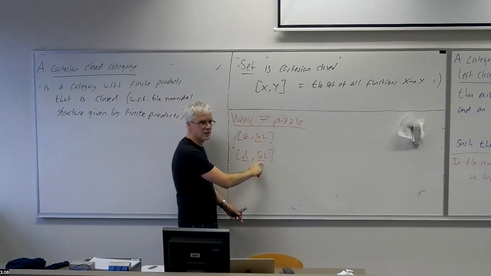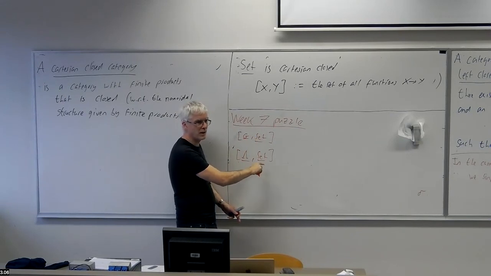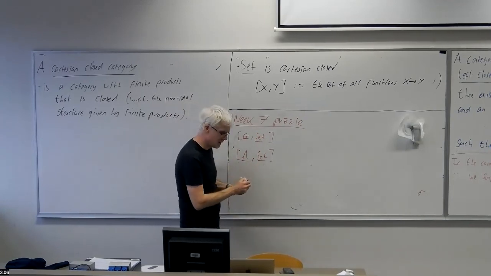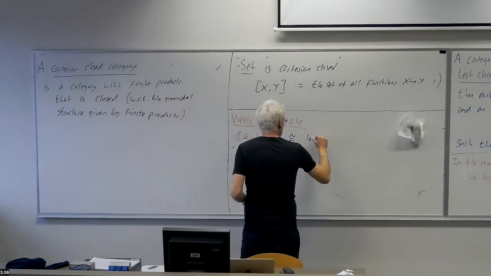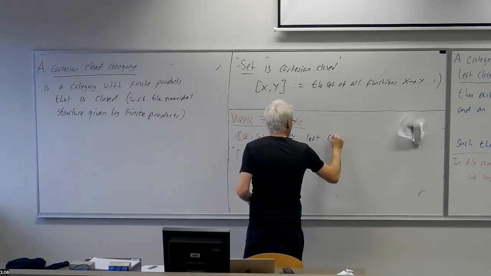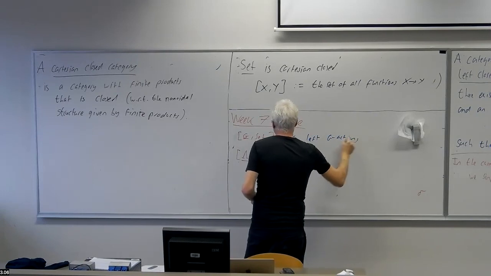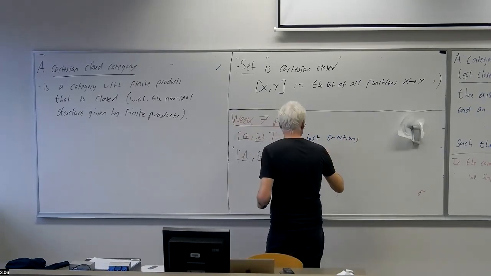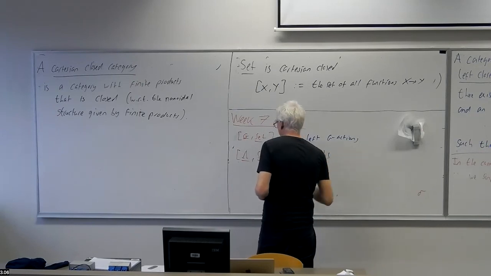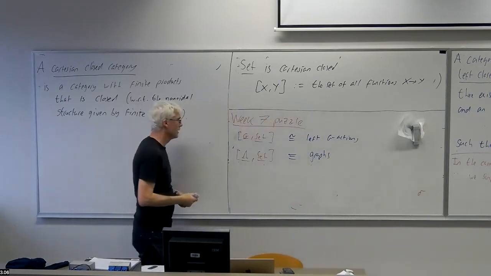This other functor category is equivalent to the category of graphs that we had in a couple of lectures ago when we were defining diagrams, or graphs or quivers. So this is isomorphic to left G actions, and this one is equivalent to quivers or graphs and graph morphisms.